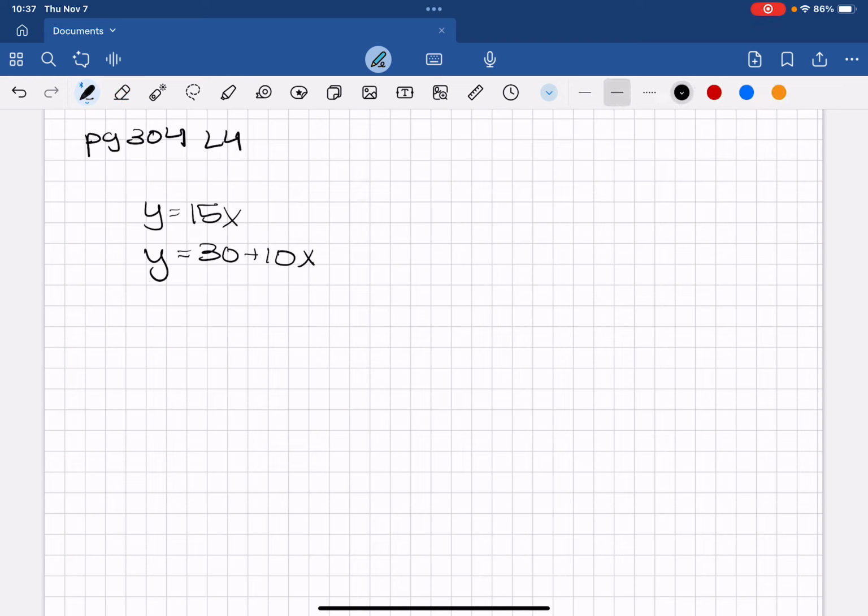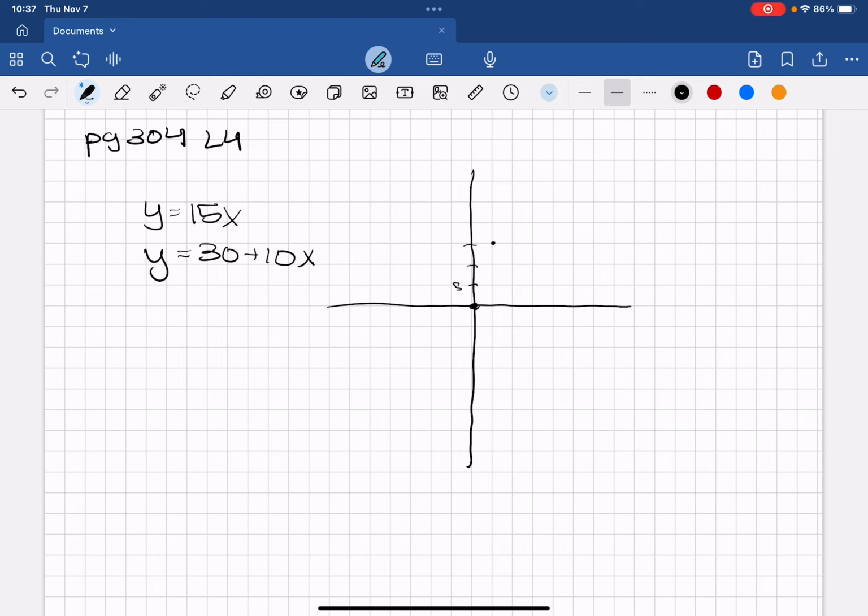So we know we have a line, and we know our slope is 15. We're going to say each of these dots is 5. We don't have a y-intercept, so our slope is going to look like this.